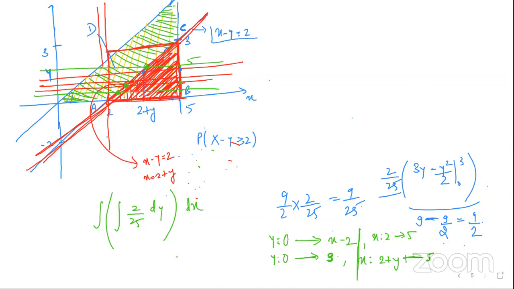Ma'am, when x is between 0 to 2, y will be between 0 to x. And when x is between 2 to 5, y will be between x minus 2 to x.